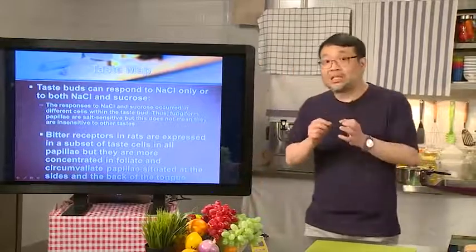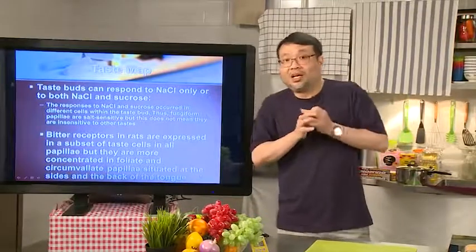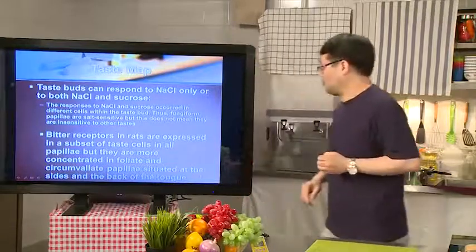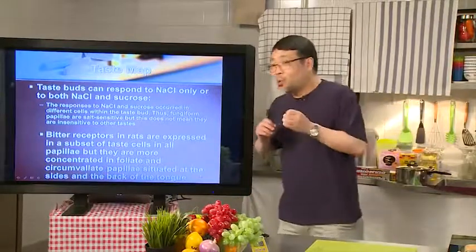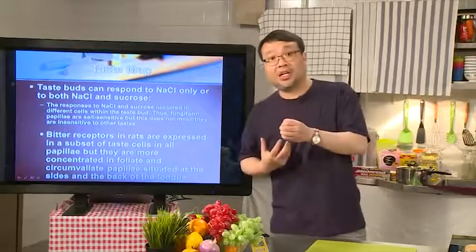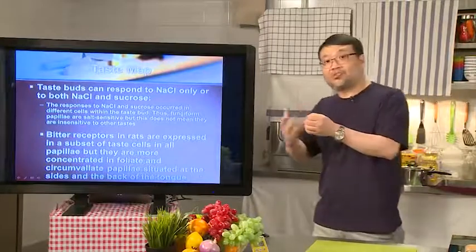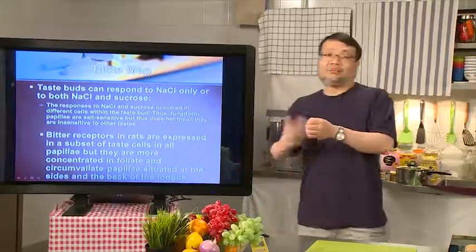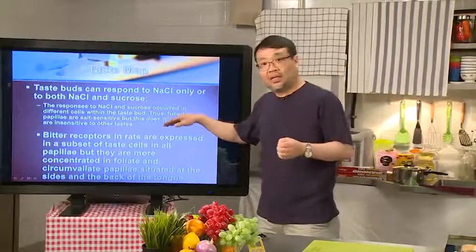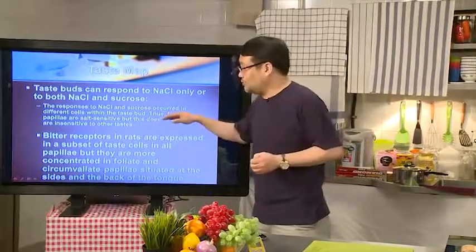So within one taste bud, they can sense both sodium chloride and sucrose. But then the question is, what is the composition of all the sensory cells in this taste bud? Sometimes they have more sensory cells which sense one, sometimes more which sense the other.